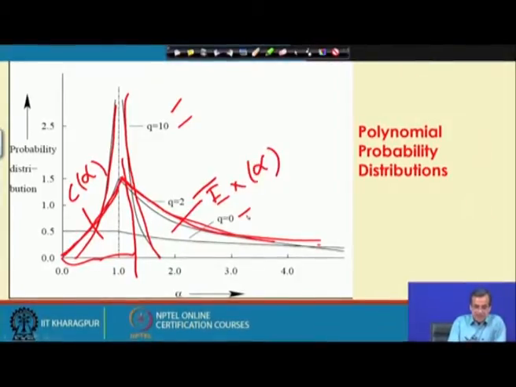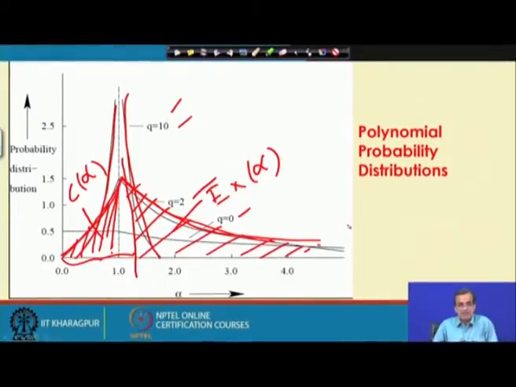The way it has been selected, the area under this particular curve in the contracting zone will become equal to 0.5. Similarly, the area under this particular curve in the expanding zone will become equal to 0.5, so that the total probability becomes equal to 1.